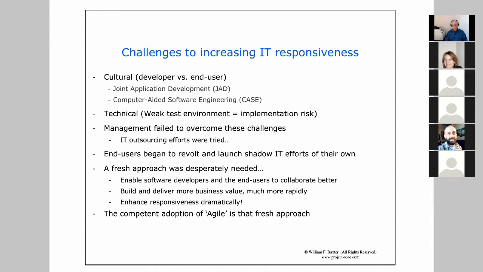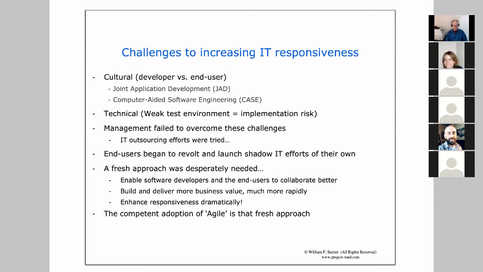You had the technical challenges, weak test environment, expensive, slow, risky to implement changes, and management wasn't finding ways to overcome these challenges. They tried different things like outsourcing IT. So now you have lower cost people working in India, and you have more difficult communications challenges trying to coordinate with them.